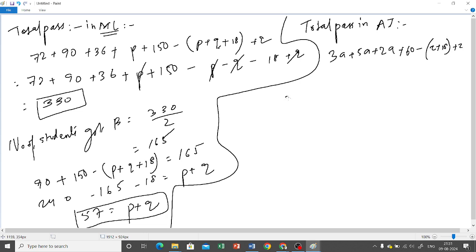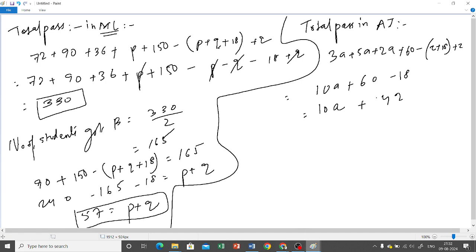Opening the bracket, z goes away, minus 18 comes, that is 10a plus 42. Total pass in AI, this one.